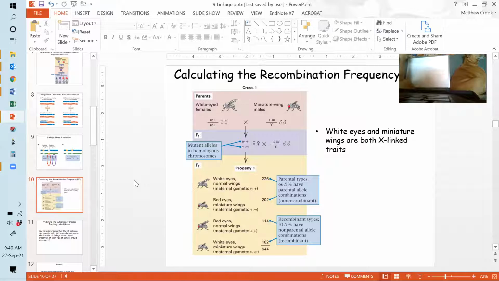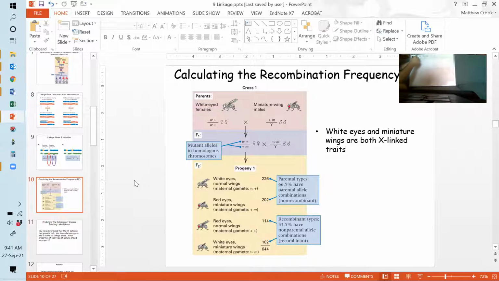So this is called a two-point cross. And this isn't going to be a dihybrid cross. This is actually a backcross, which is exactly what we do in the lab. And the reason is it makes it a little bit easier to figure out if you do it as a backcross rather than a dihybrid cross.